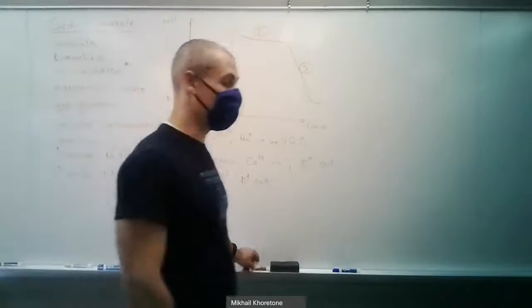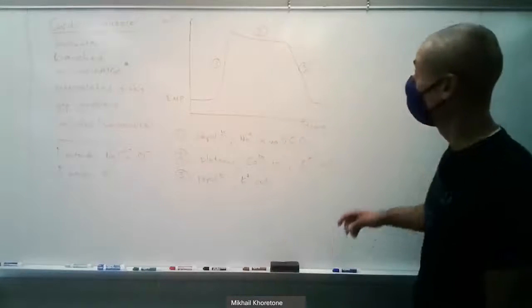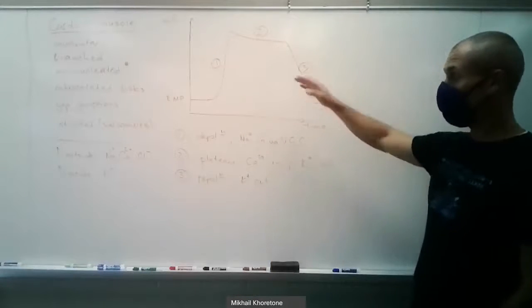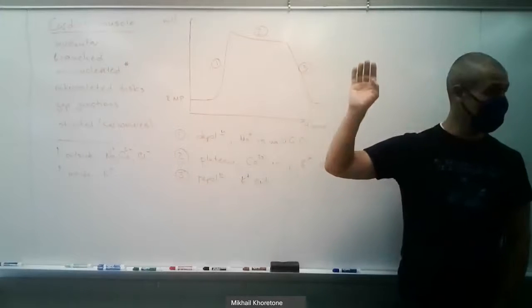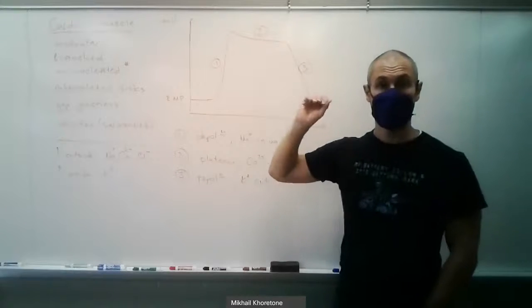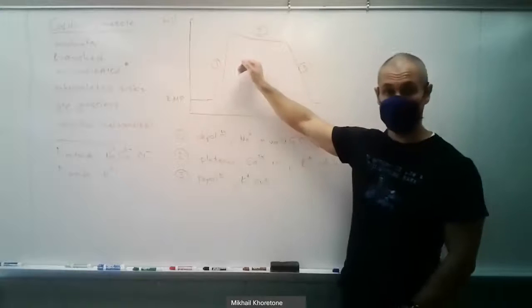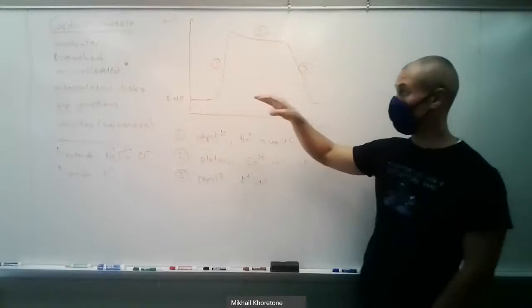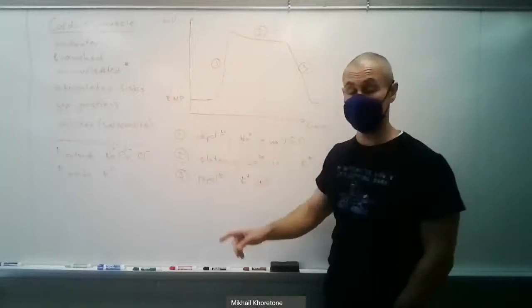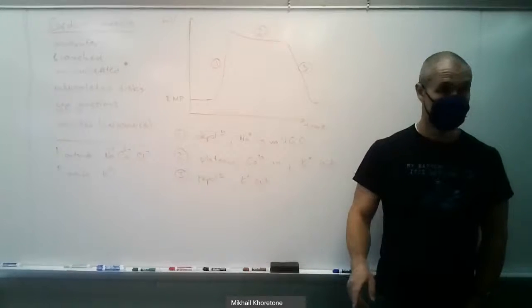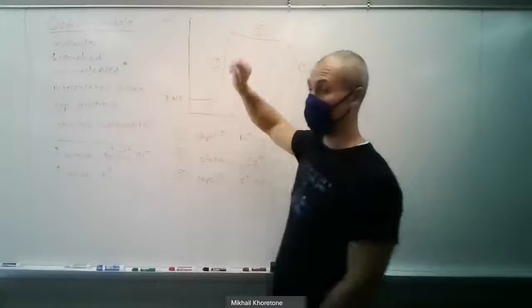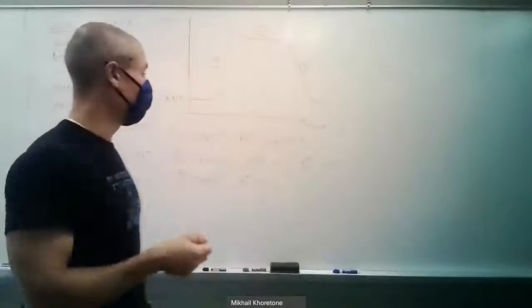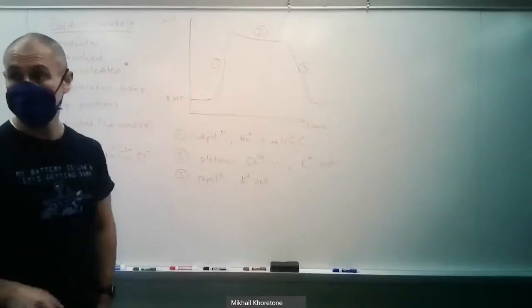Okay, so here's the deal. You do need to know what happens at each stage. Let me go over it again. In the beginning of the contraction, the cardiomyocyte is depolarized because of the influx of sodium. At the peak of depolarization, sodium channels close, calcium and potassium channels open.